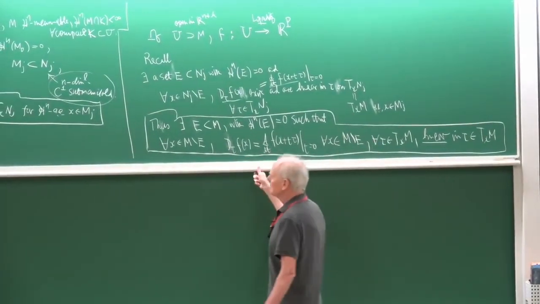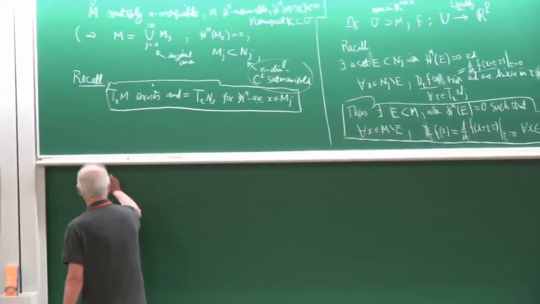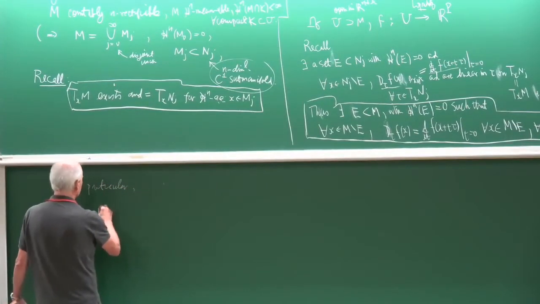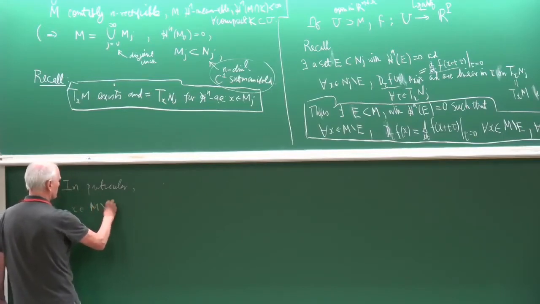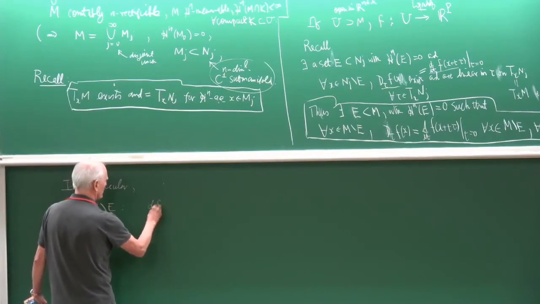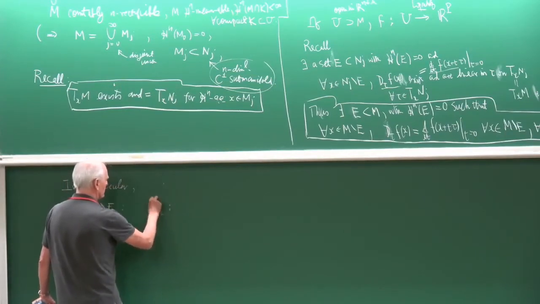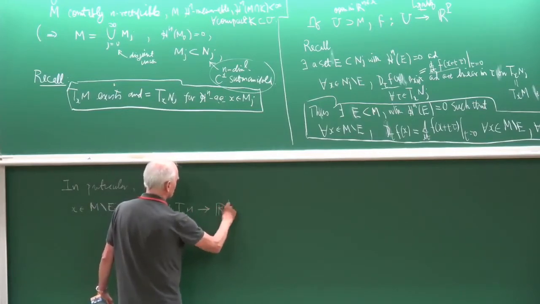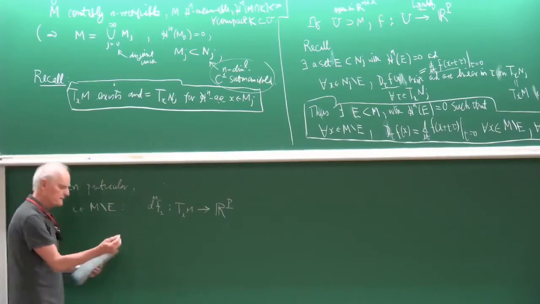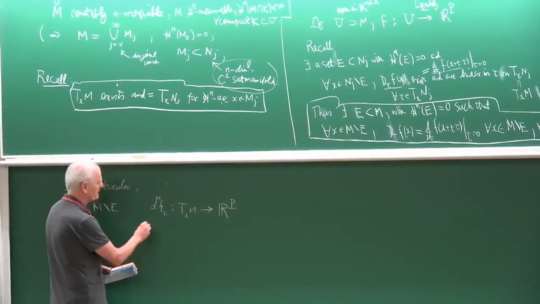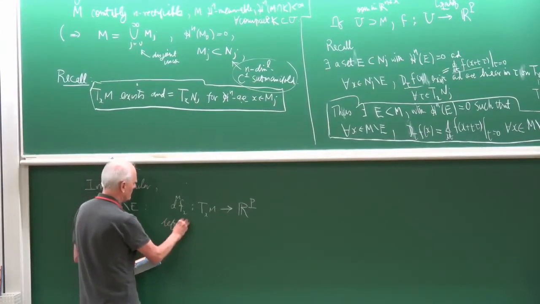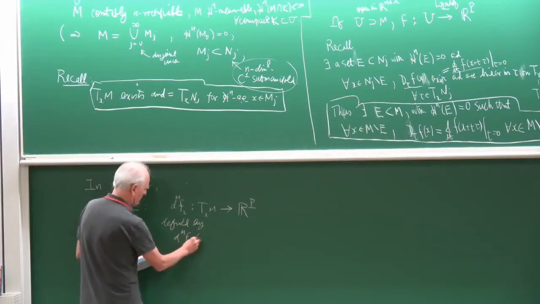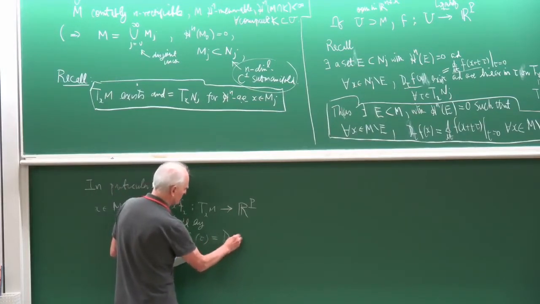For x in M minus the set of measure 0, we can define d^M f at x, the induced linear map into the same space, T_x M, defined in the usual way, exactly as we did for C1 submanifolds. d^M f at x applied to tau is simply equal to this directional derivative.